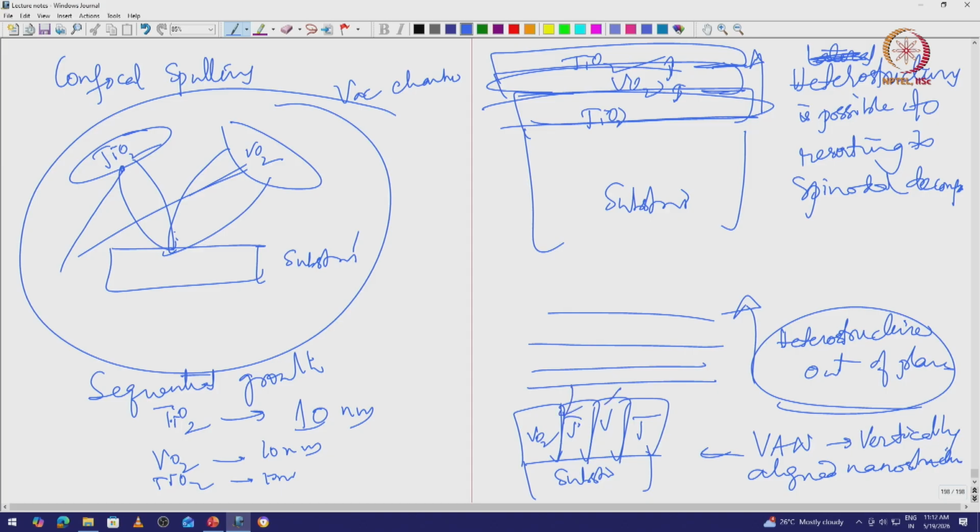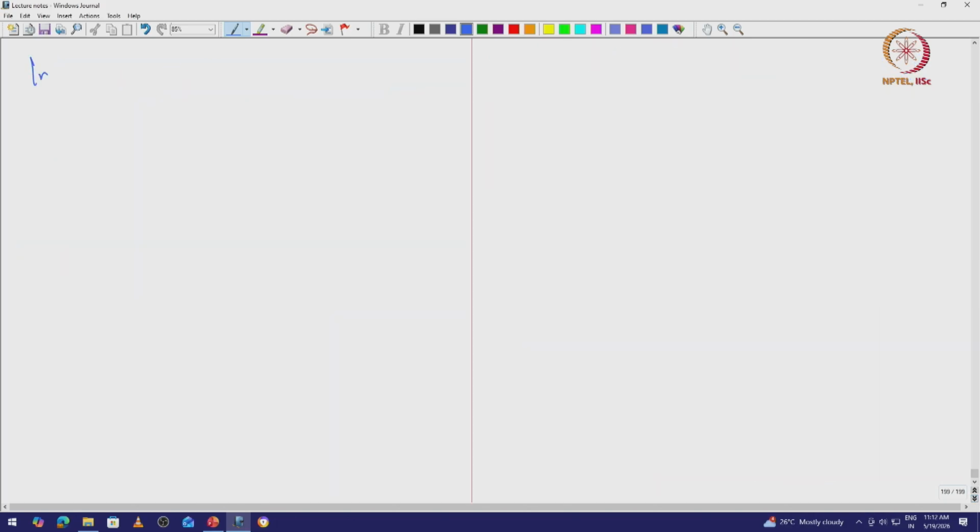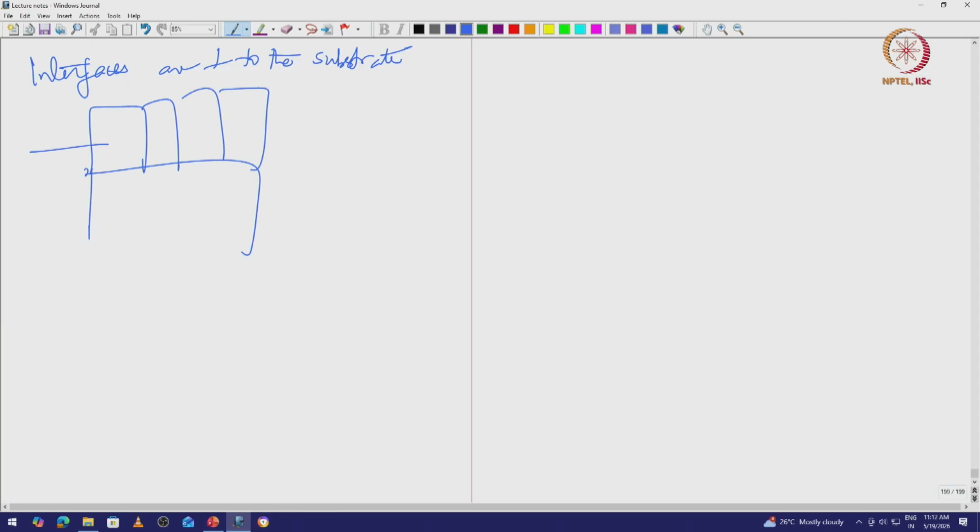Okay, with these interfaces which are perpendicular to the substrate, right. That way I am interested in some kind of in-plane measurement. I want to put a terminal here, put another terminal here, and then measure in-plane properties, right. So, in-plane electrical properties.